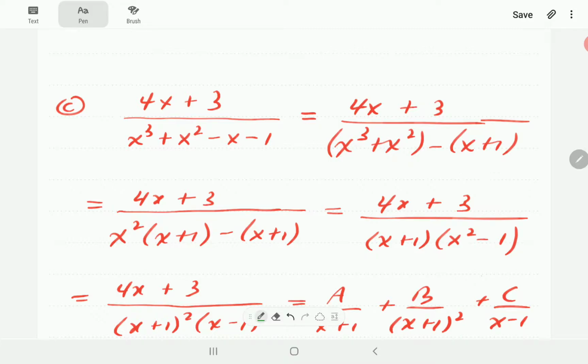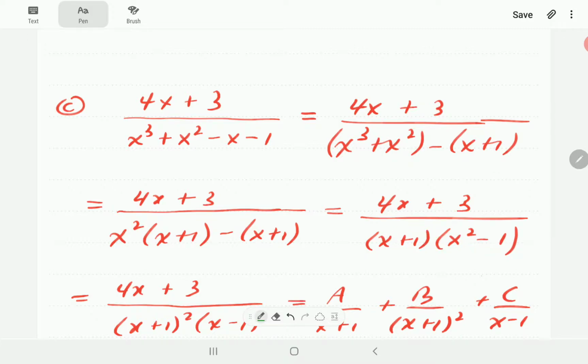If you're not up to speed with those, you can check our videos. Right, so we group the first two terms and the last two. Then there's a common factor of x squared here, and then now x plus 1 is common. There's a difference of two squares, so this is going to factorize into x plus 1 times x minus 1.